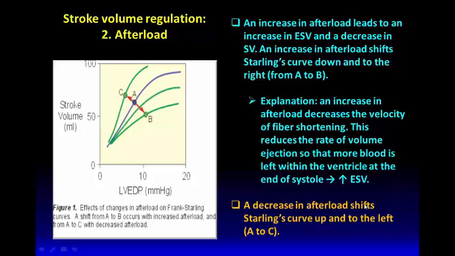On the other hand, a decrease in the afterload shifts Starling's curve up and to the left from A to C. So now at the same preload, a left ventricle with reduced afterload would eject more stroke volume than the same left ventricle with a normal afterload.